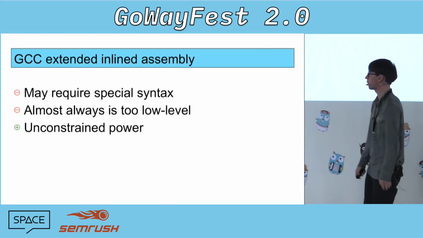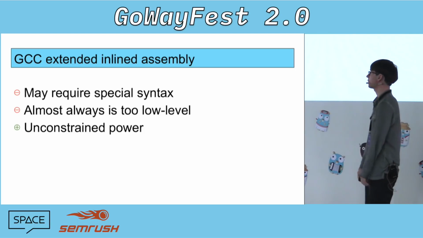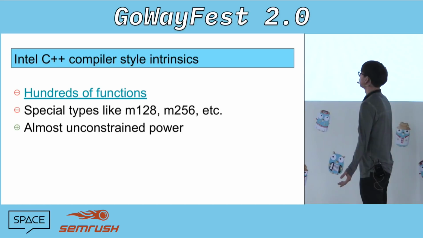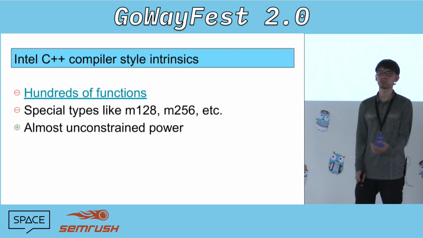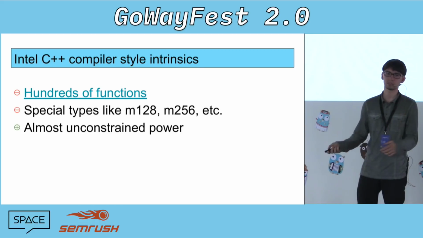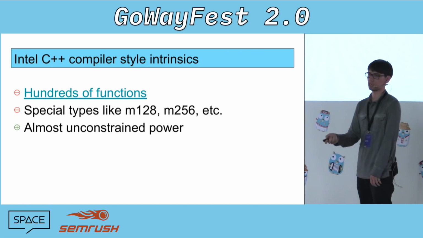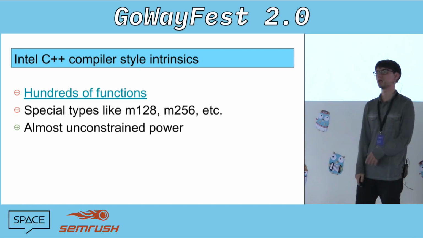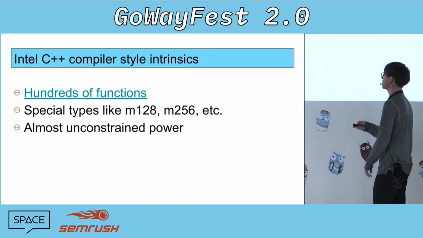In our case, it's Go code. Inline assembly, like in GCC, is really hard to maintain. The Intel C compiler implements intrinsics, giving you 5,000 functions. There are so many functions and many types. It's not really pleasant to use, and it's hard to push that package into the standard library because it's kind of mad.